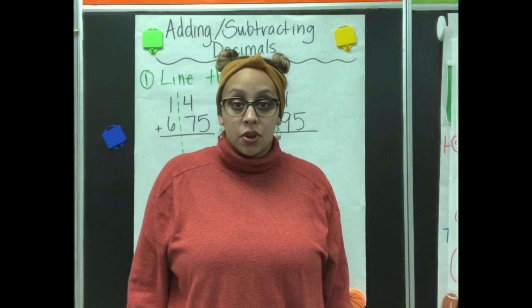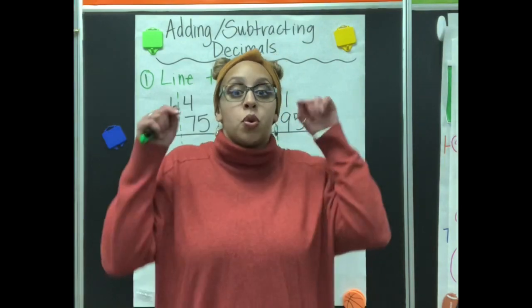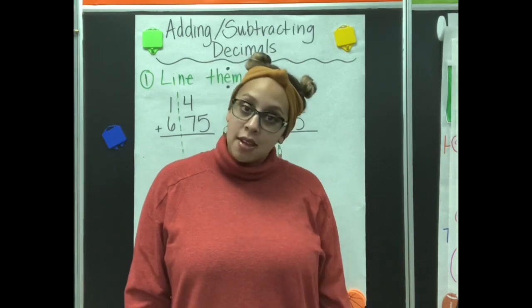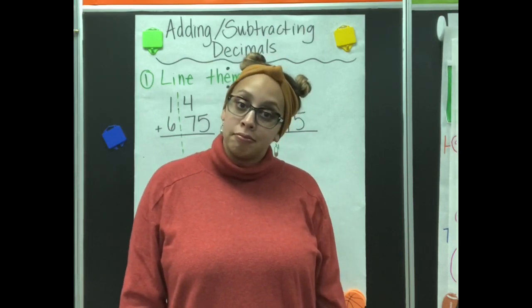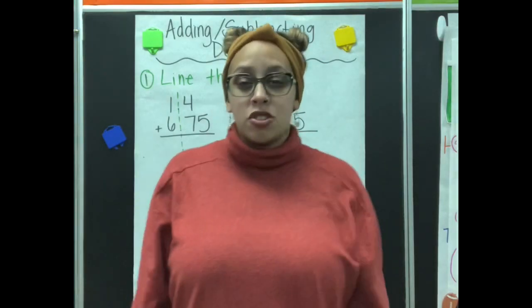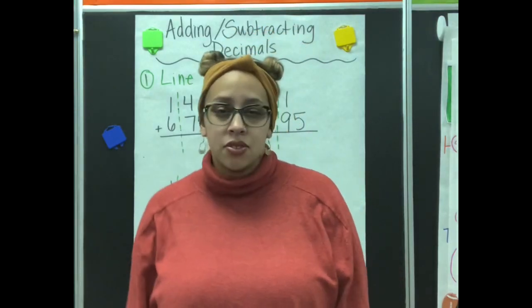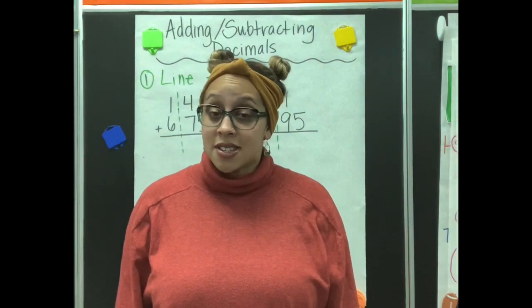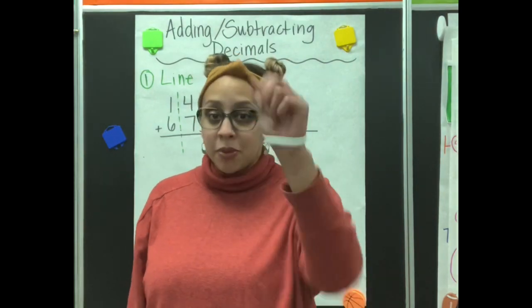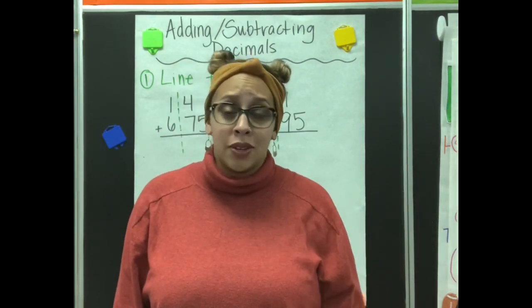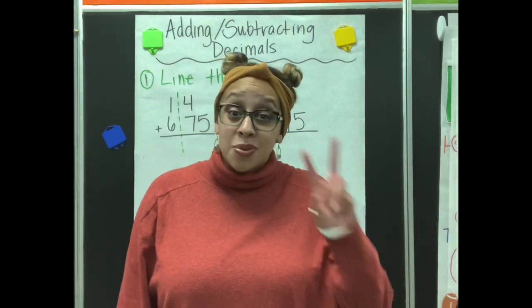Now that we've lined them up, the next thing that we're going to do is drop it down. What do you think it is? Our numbers, our answers, our decimal? It's going to be our decimal, because the number one mistake that my 5th graders love to make is we totally forget the decimal. So that's why it's step number 2.